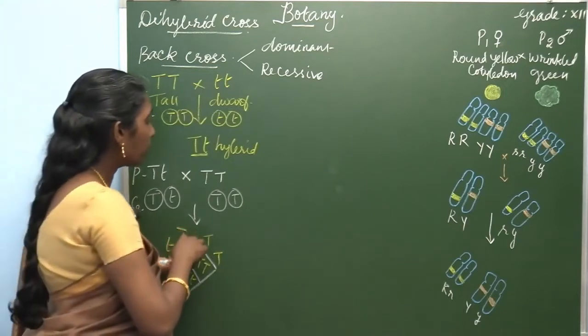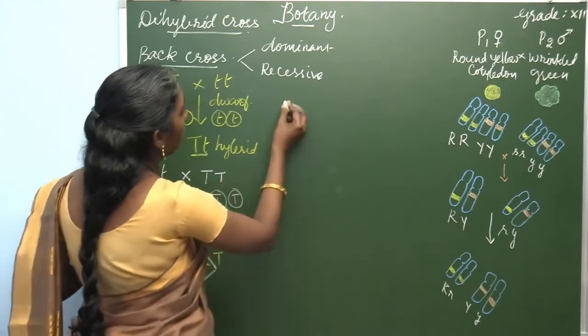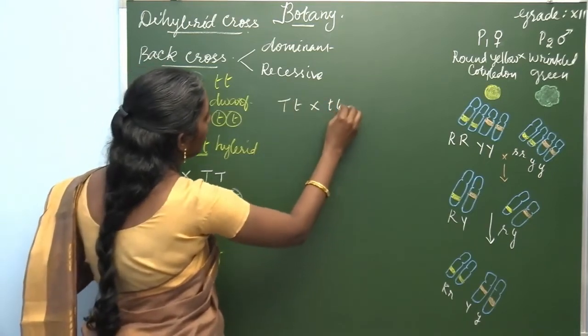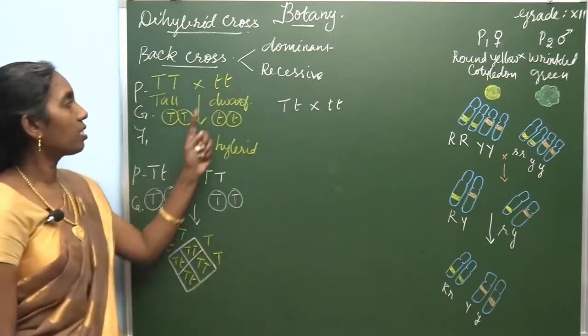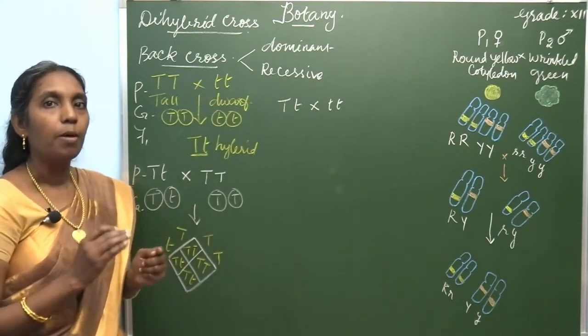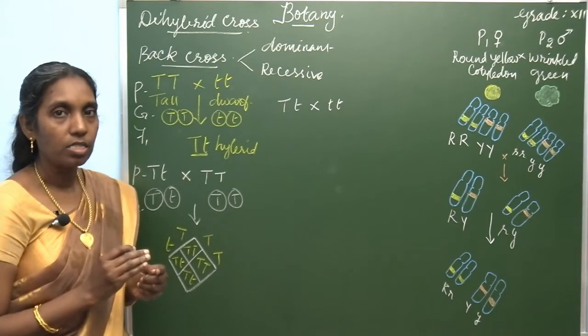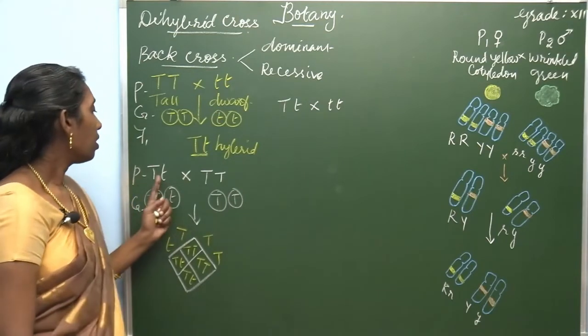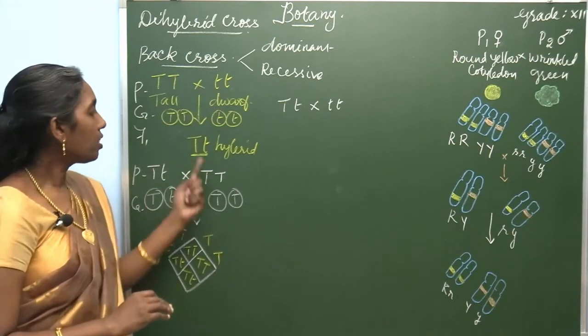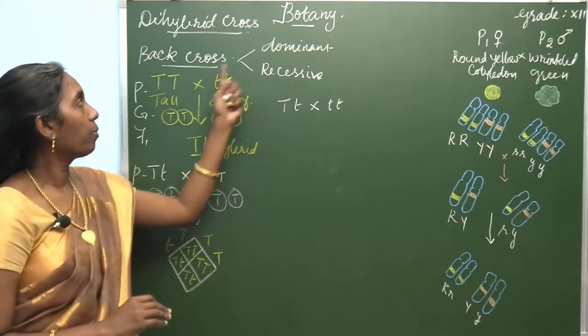If it is crossed with a recessive parent, for example, capital T small t into small t, this is the recessive parent. So, define back cross. Back cross is a cross between a hybrid with any one of the parents. If the parent is dominant, it is called dominant back cross.